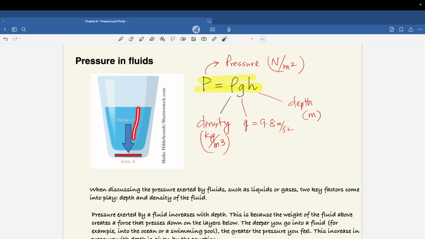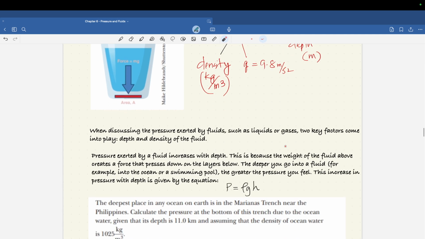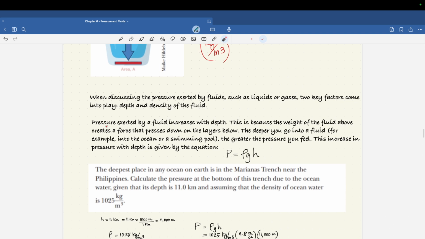If you're measuring it from the top down to the bottom, you call it the depth. So pressure increases with the depth. That's obviously because if you have more fluid, then you have a greater weight acting on top, pressing down on the layers below.